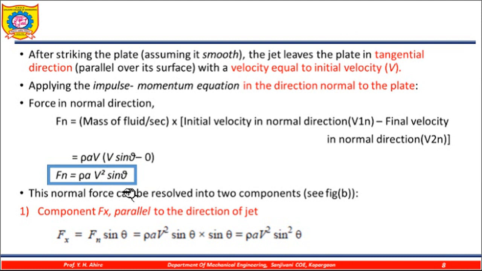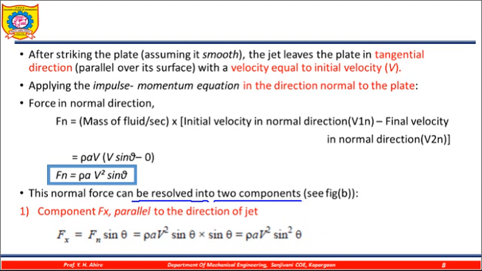Now further, this normal force can be resolved into two components, right? The first component is Fx, parallel to the direction of the jet, and the second component is Fy, which is normal to the direction of the jet.